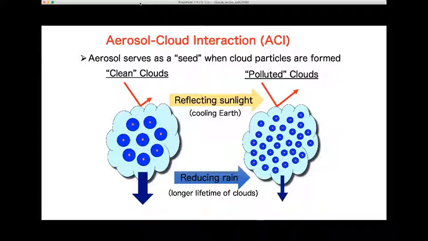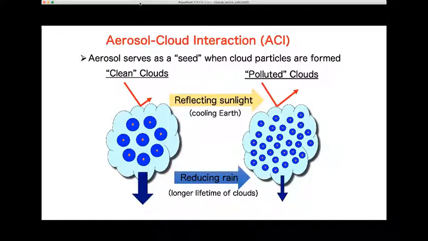But in the case of very polluted clouds with a larger number of aerosol particles, there are many more cloud nuclei that can form clouds, so the more numerous cloud droplets have to compete with each other to absorb the water vapor.